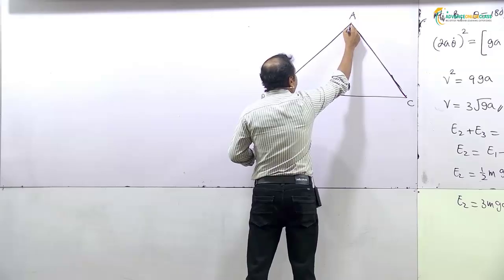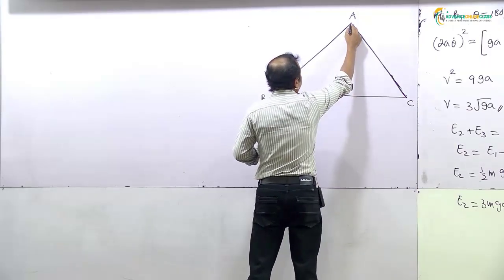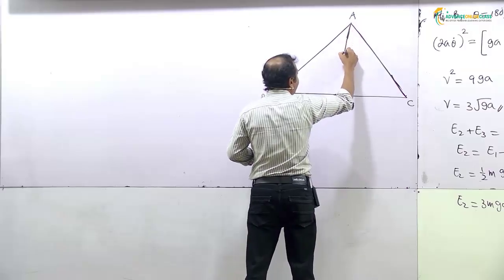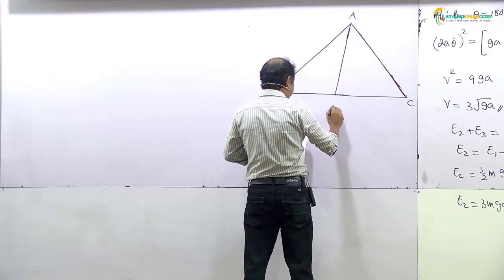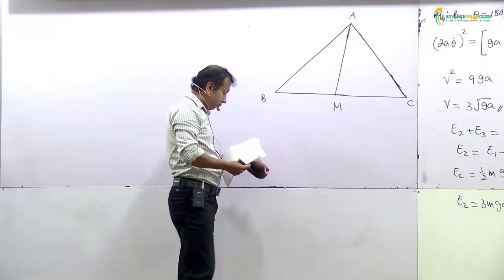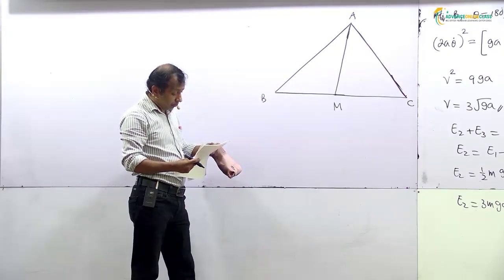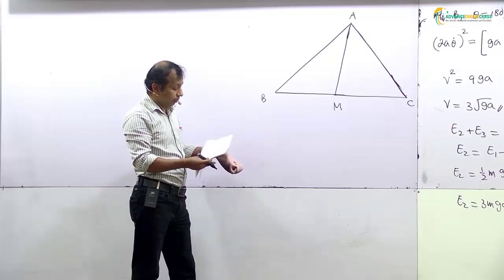Median means the line joining the midpoint of the side and the opposite vertex. Prove that 2AM squared plus 2BM squared equals AB squared plus AC squared.